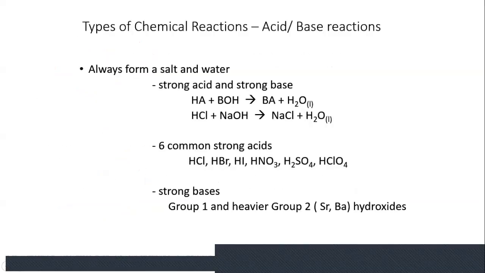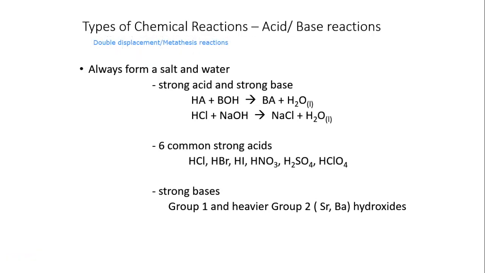The other type of double displacement reactions, so again, these are double displacement metathesis, is acid-base reactions. And the unique thing about acid-base reactions is that they always form a salt and water.